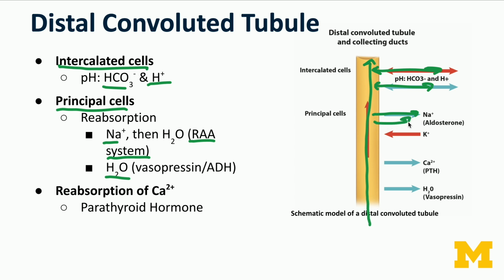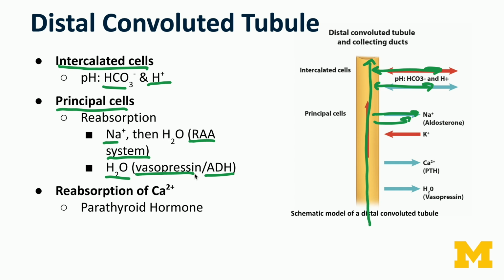And then we also have the opportunity of moving water out of the filtrate and back into the blood, courtesy of principal cells that are activated by another hormone called antidiuretic hormone, or vasopressin. So with the release of vasopressin or ADH, we also have the tubular reabsorption of water. So a lot of opportunities for the refinement of water absorption here in the distal convoluted tubule.